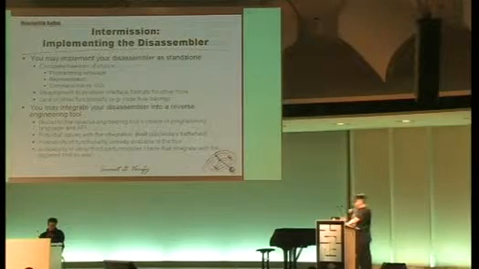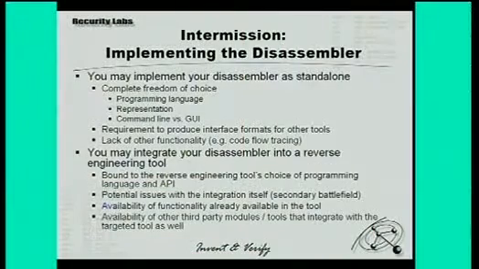And then you actually have to implement what you found out, right? So you may implement your disassembler standalone, which is good, gives you complete freedom, programming language, everything. You are required to deal with everything yourself, of course, and you're lacking functionality that other tools might already provide. Or you integrate into your reverse engineering tool.